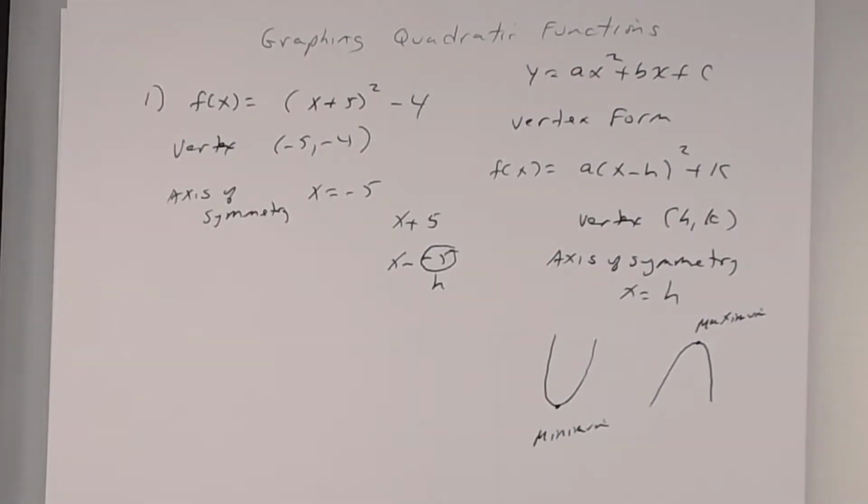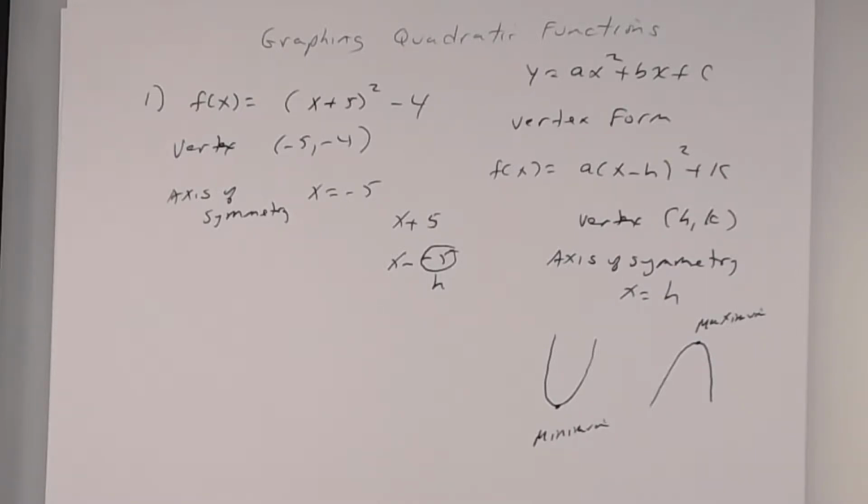Very good. So it's x equal because the axis of symmetry is a vertical line, isn't it? You learned many years ago that you name a vertical line as x equal. You name a horizontal line as y equal a number.